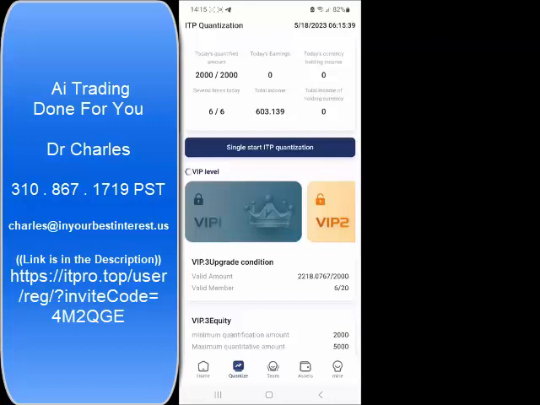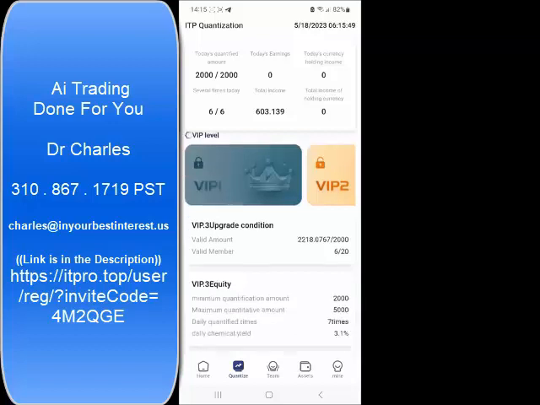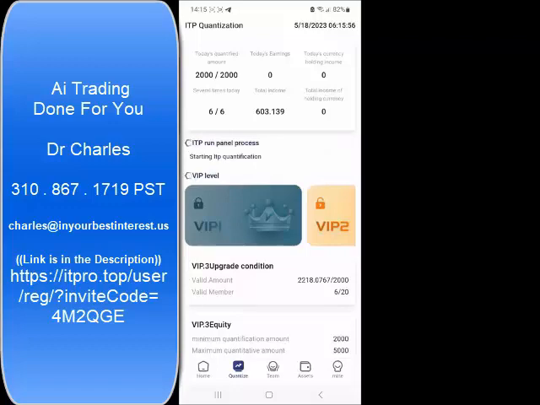Underneath those figures, you'll see a dark blue bar with the words single start ITP quantification. So if we press that, this starts the trading process. You'll see the words have just come up, starting ITP quantification. Quantification is a method of trading which has been around for decades.